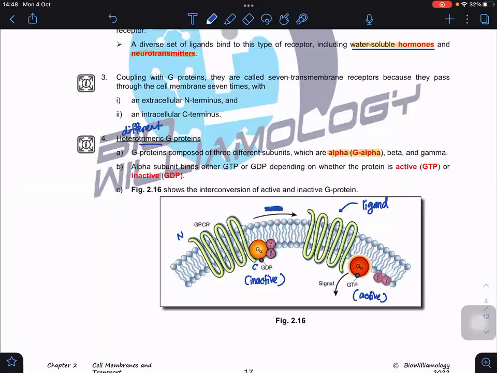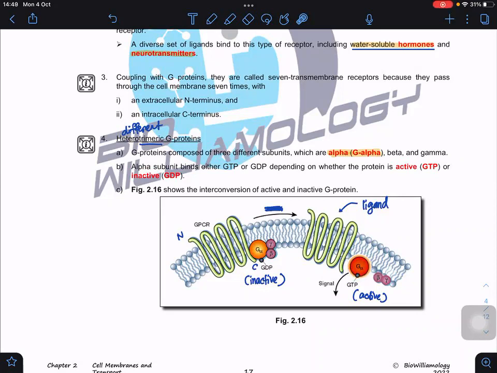When the ligand binds to the receptor, it changes the shape of the receptor and activates my G protein. How to activate? We change the GDP to become GTP. GTP is something like our ATP. With the GTP, my G protein dissociates and becomes active.